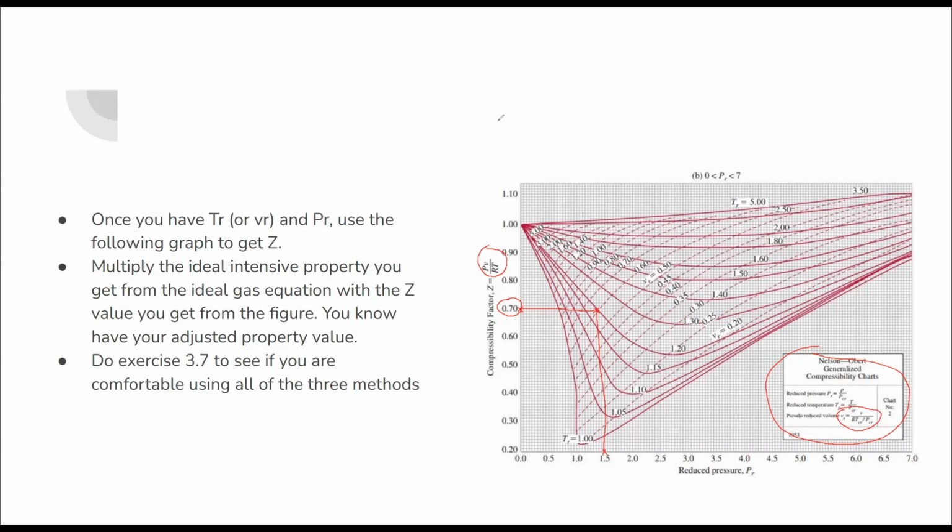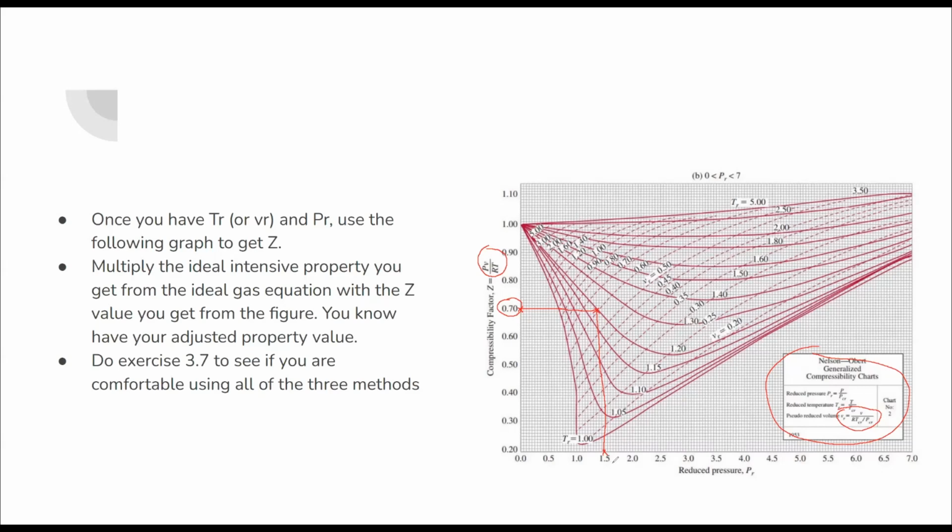Yeah, just going over it now. So if you have to use the VR line, say the temperature is not given to you for some reason, you would use the values that are going diagonally this way.